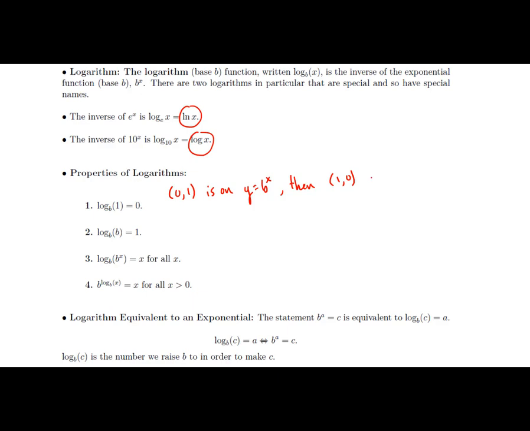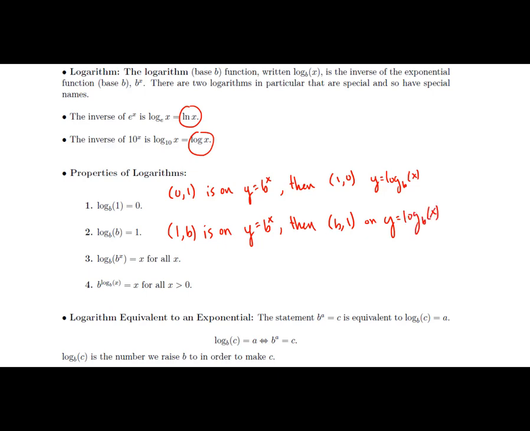It's on y equals log base b of x. So in other words, if I put a 1 in for x, I should get a 0 for y. That's where property number 1 comes from. I also know that if 1, b is on y equals b to the x, then b, 1 is on y equals log base b of x.